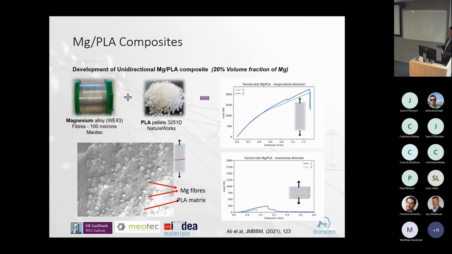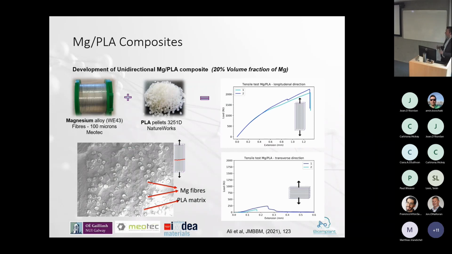So combining this as a composite, which I'm sure many people here will be familiar with, you can create a magnesium reinforced polymer composite. So these are your magnesium fibers reinforced within a PLA matrix, which is also biodegradable, and you can look at classical tensile data like that to produce a new material.